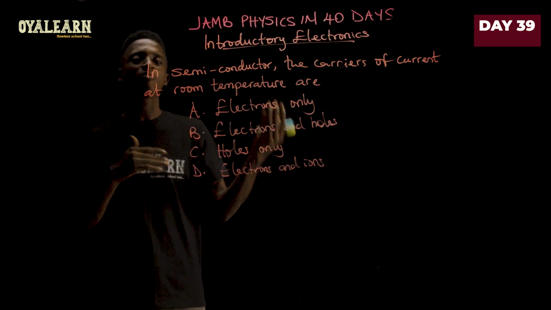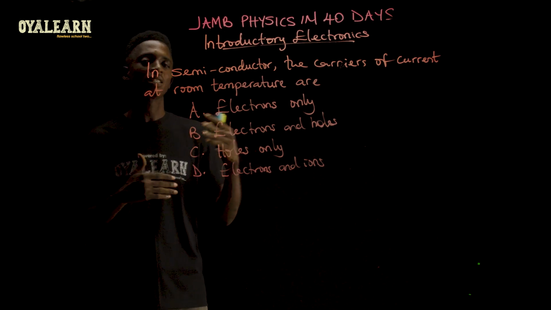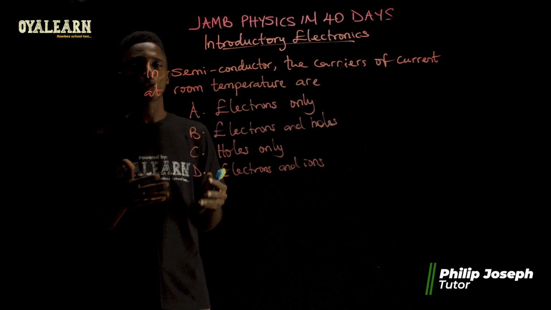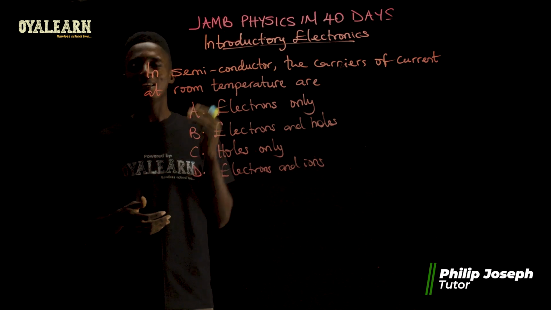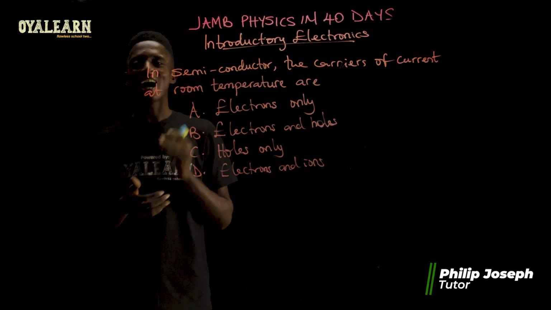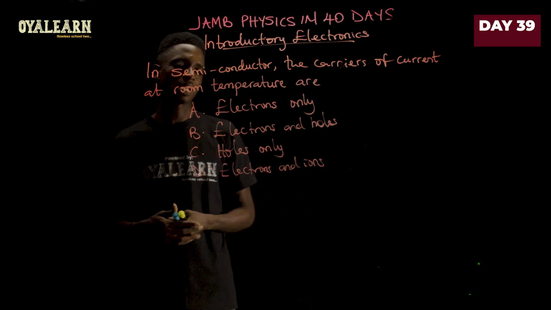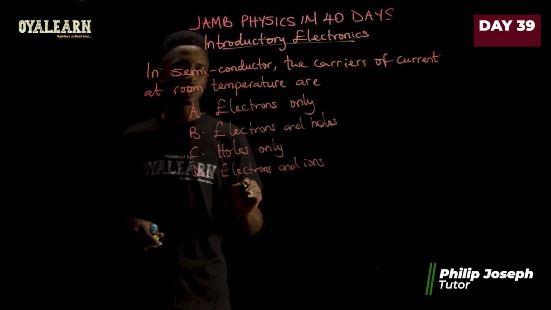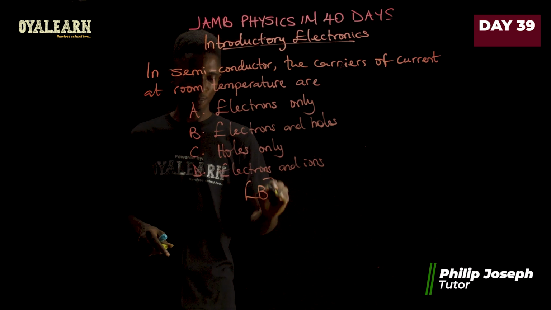Now, the fact that we have majority charge carriers and minority charge carriers does not mean that they don't carry charge still. So it still means that both the holes and electrons are regarded as charge carriers. So the answer to this question is then option B.